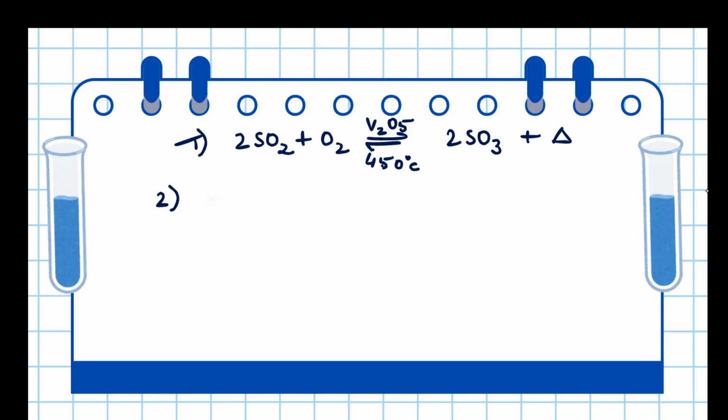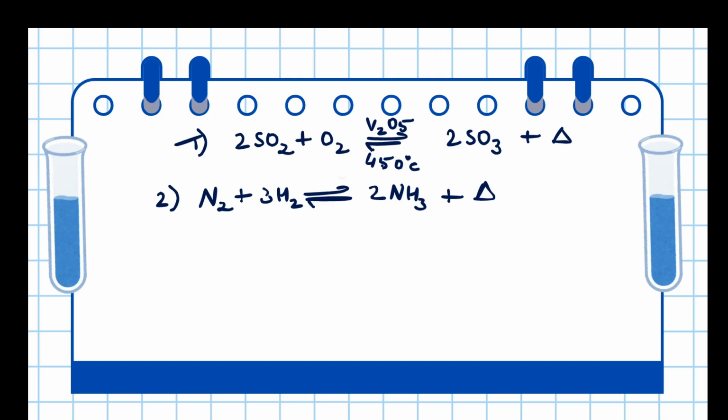The second reaction which you can remember is, again as I told you, the formation of ammonia, a very important reaction. So nitrogen with hydrogen reacting, again it is a reversible reaction, and we are getting ammonia formed, 2NH3, and again it is an exothermic reaction.